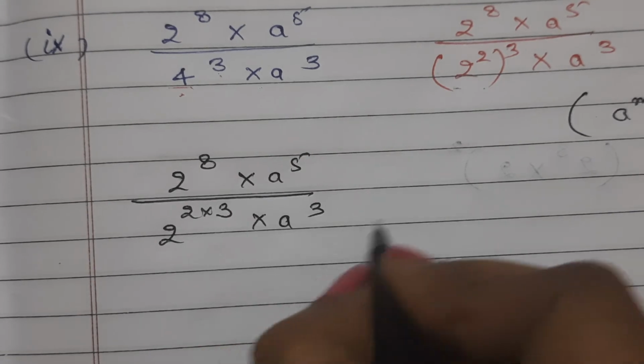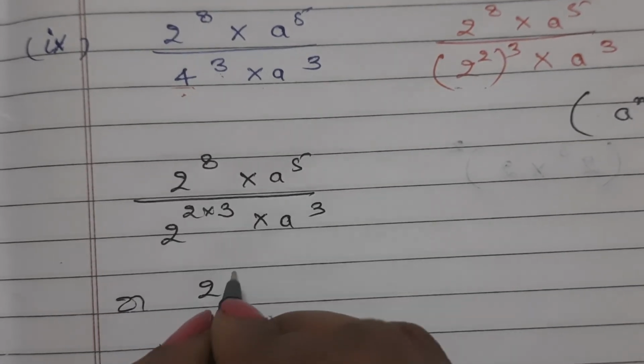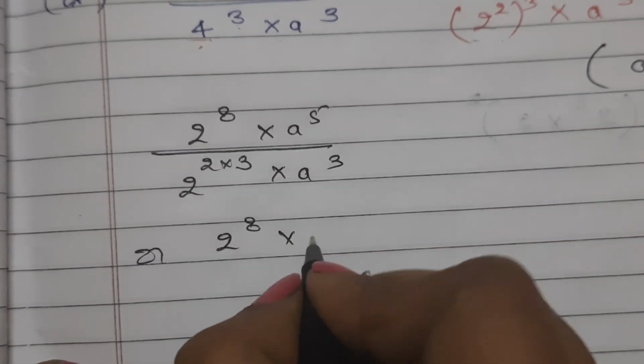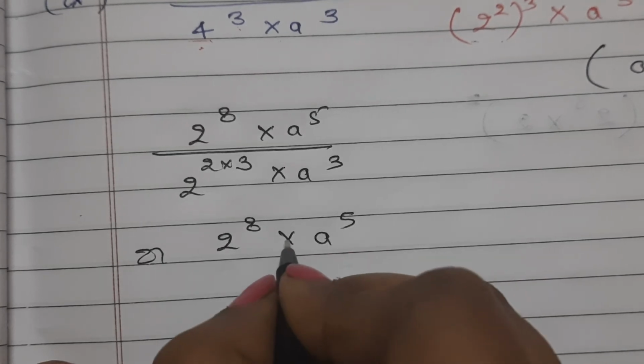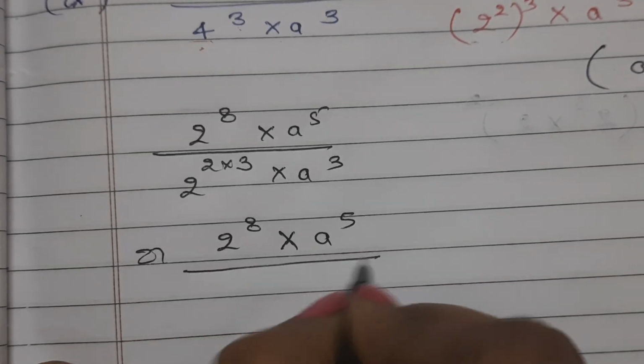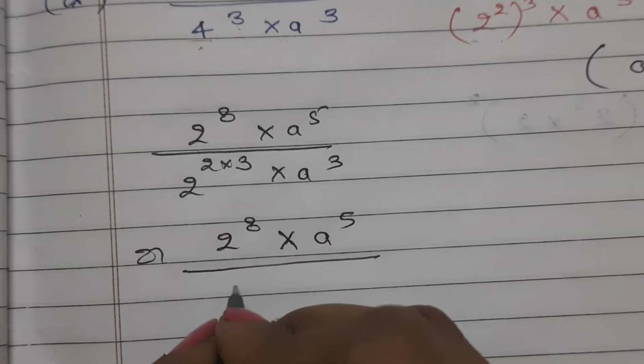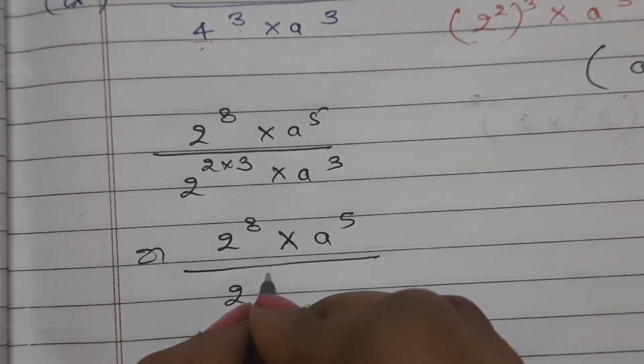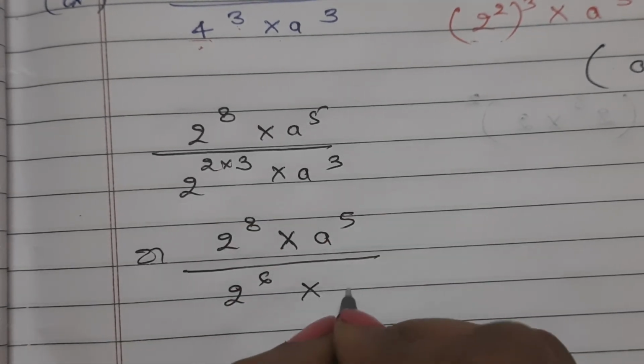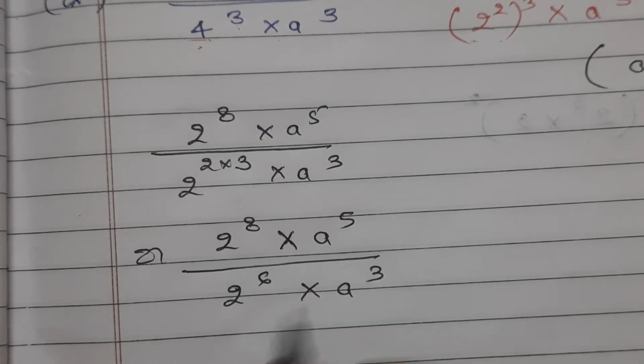So now it means it will be 2 to the power 8 into a to the power 5 upon 2 to the power 6 into a to the power 3.